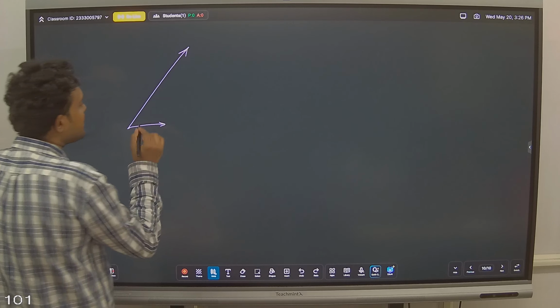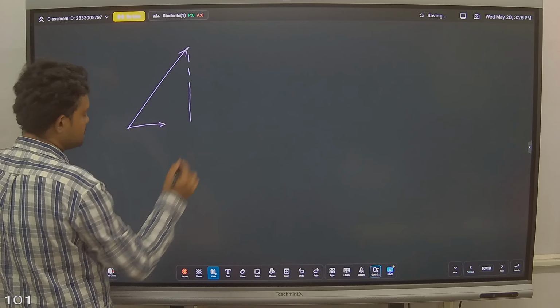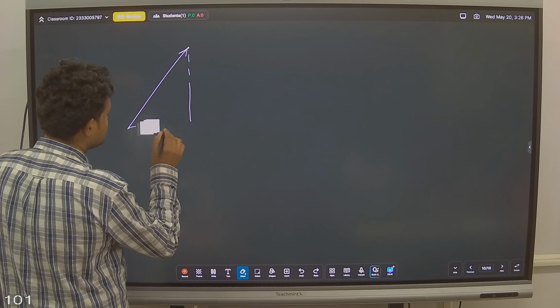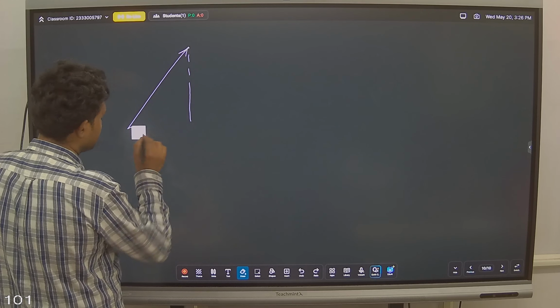The component along this direction. This red line represents the direction along which I want to find the component, right?